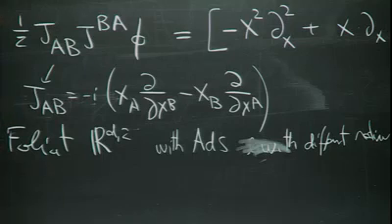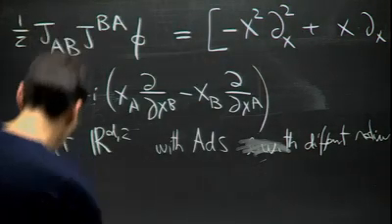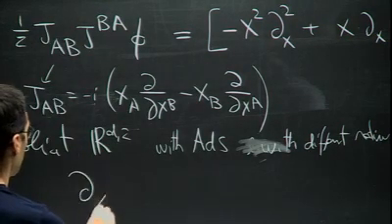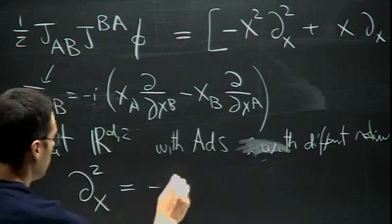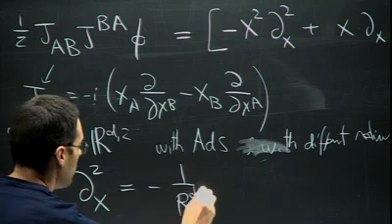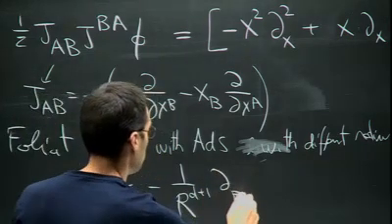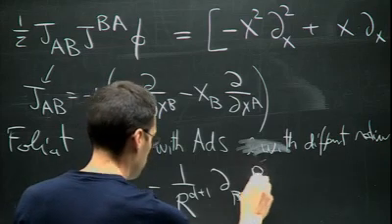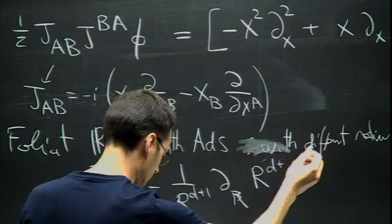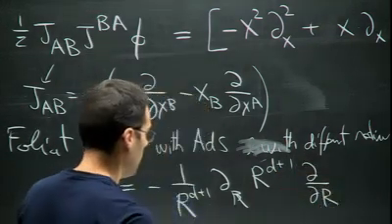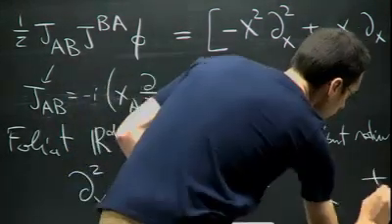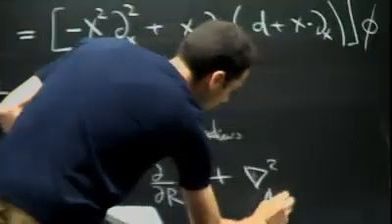Once you do that, this is basically like going to spherical coordinates, right? So you can write the Laplacian. The full Laplacian in the embedding space is going to be the radial part of the Laplacian plus the Laplacian in AdS.